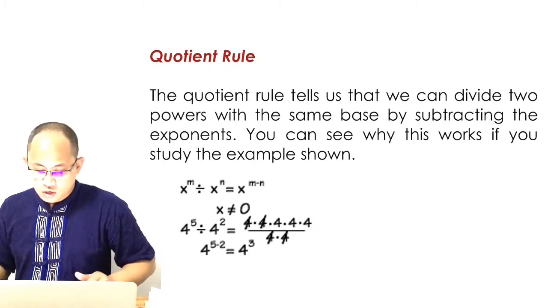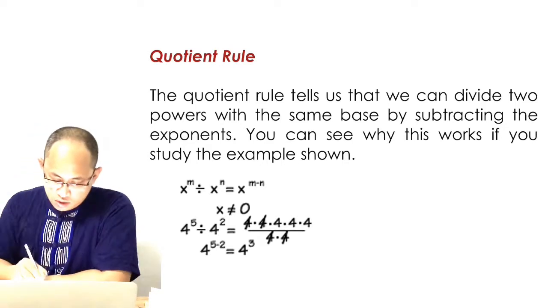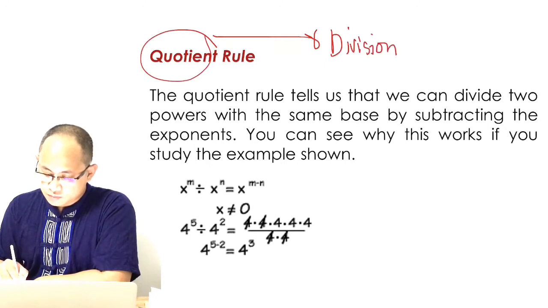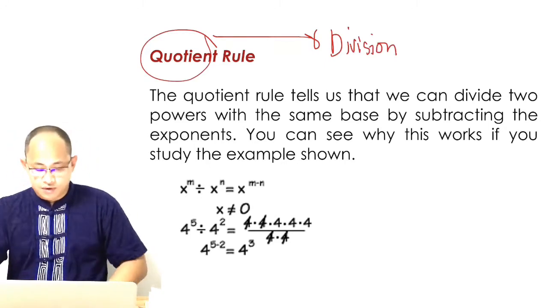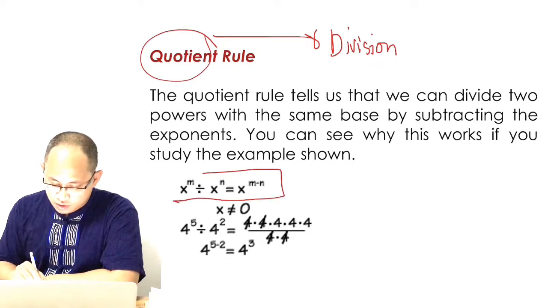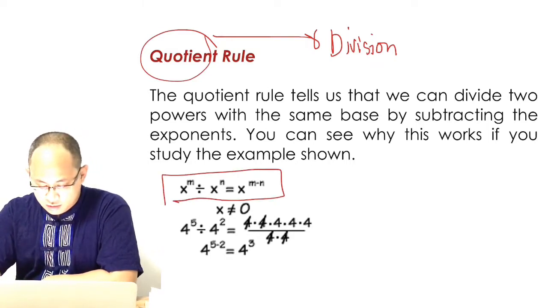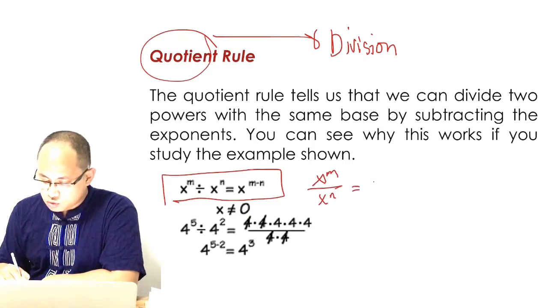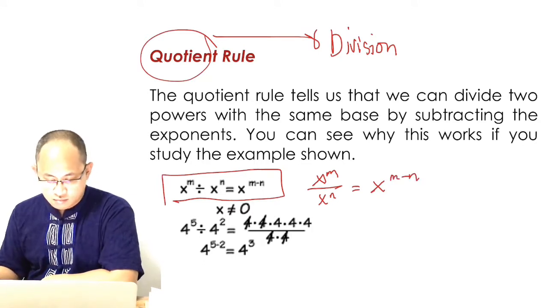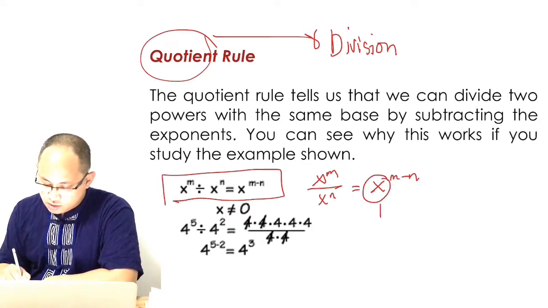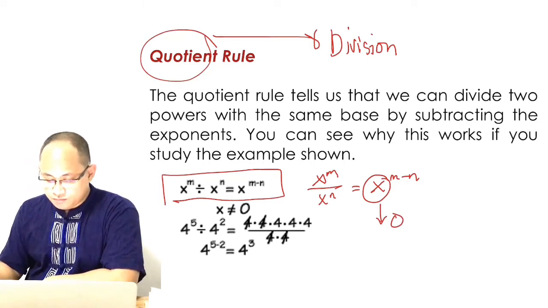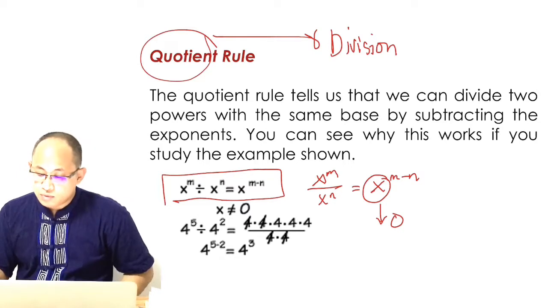Next, quotient rule. Quotient comes from the word division. You divide. So if you have x to the power of m divided by x to the power of n, it is x to the m divided by x to the n, equals x to the m minus n, as long as x is not equal to 0.